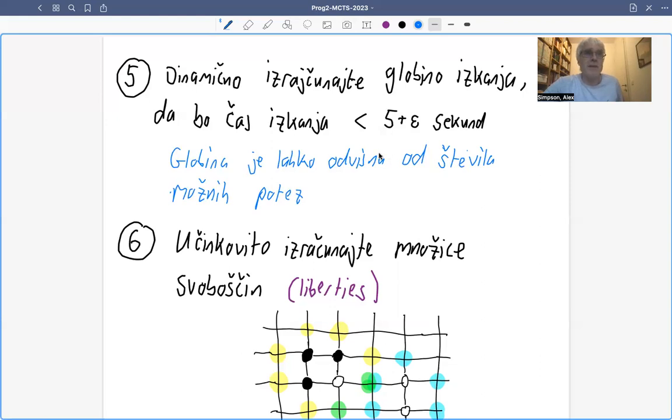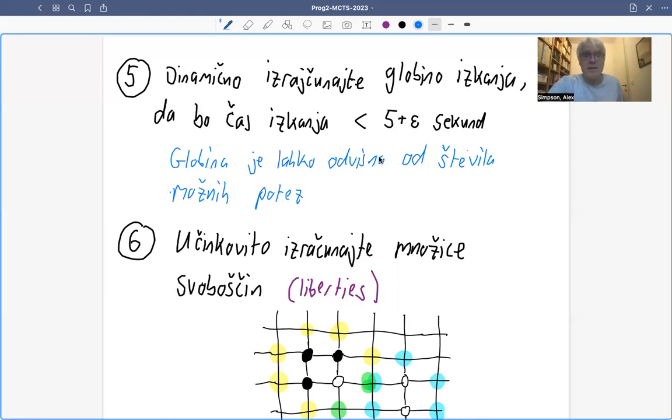But as the game continues, the number of available moves decreases by 1 every time a move is played. And at some point in the game, you'll get to a level at which the branching is much less significant, and you'll be able to have a depth of 5, an increased depth over the depth you started with.